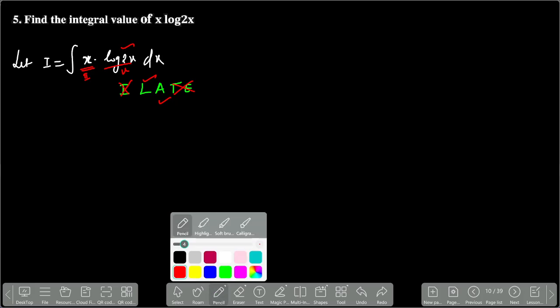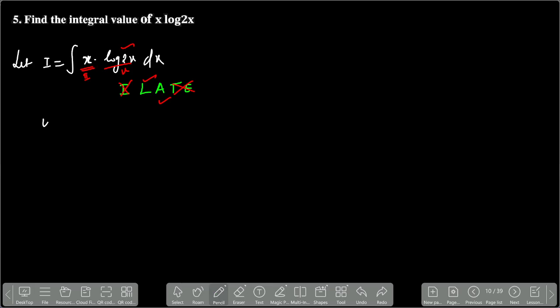Now what are we going to take here? u equals log 2x. Anybody, what is the derivative of log 2x? Last bench, don't say. What is the derivative of log 2x?